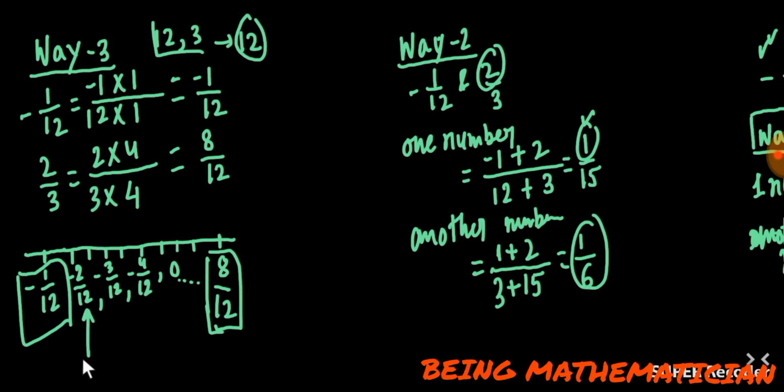So this is one number, this is another number, this is another number. So we can find infinitely many numbers in this way between minus 1 by 12 and 2 by 3.